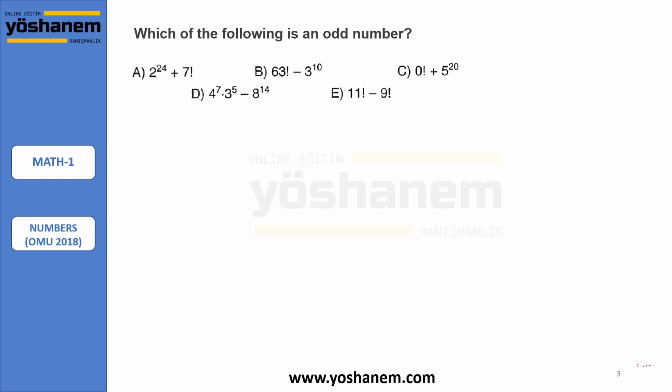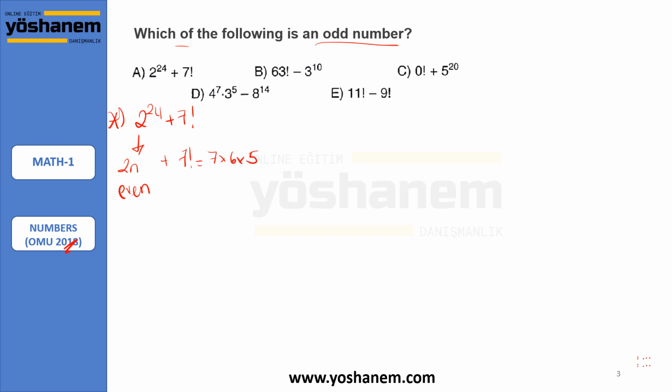This is the question and it's from 2018. It says, which is an odd number? Let's go ahead and look at each given option. So A, 2 power of 24 plus 7 factorial. 2 power of 24 is an even number. It's easy to say that, because it's in the form of 2n, it's an even number. So what is 7 factorial? 7 factorial is multiplying from 7 to 1, right?